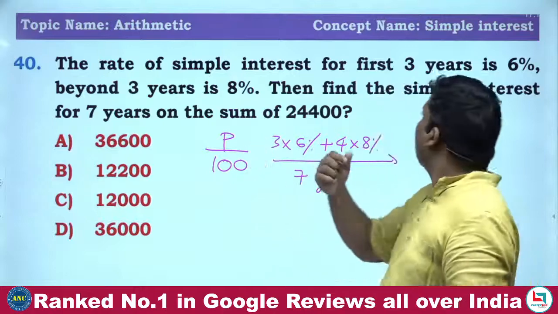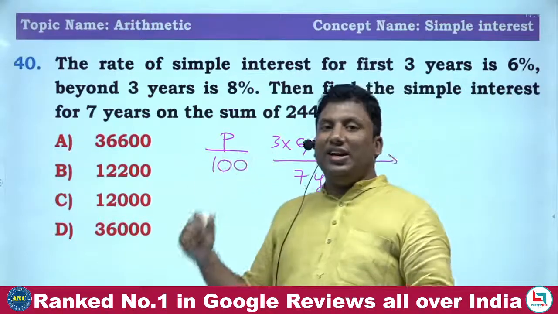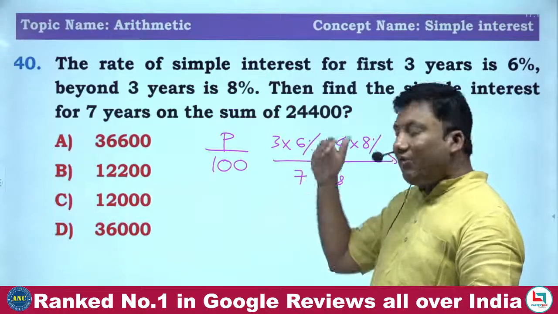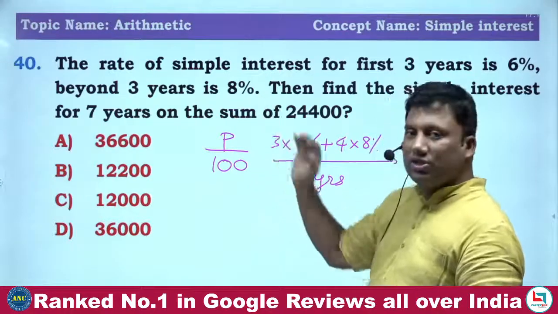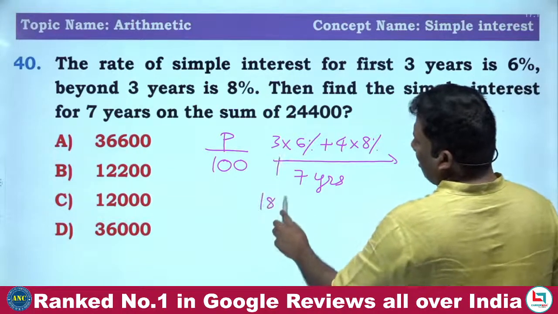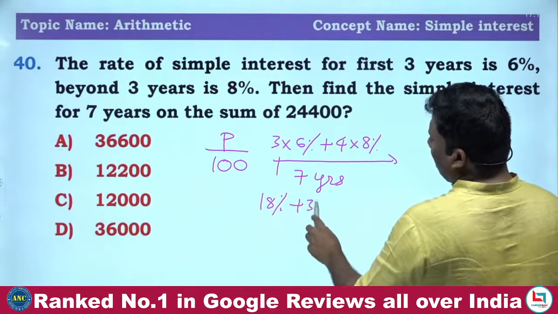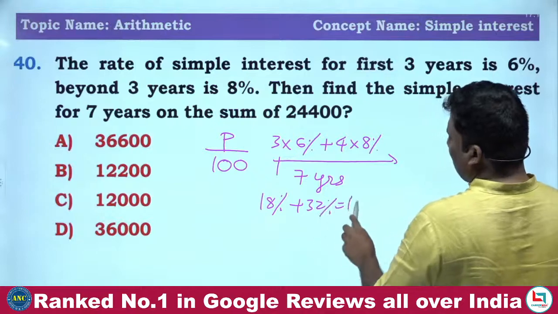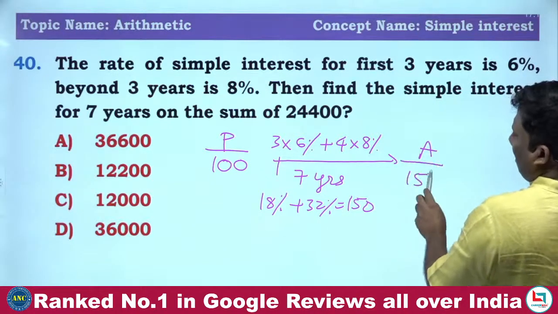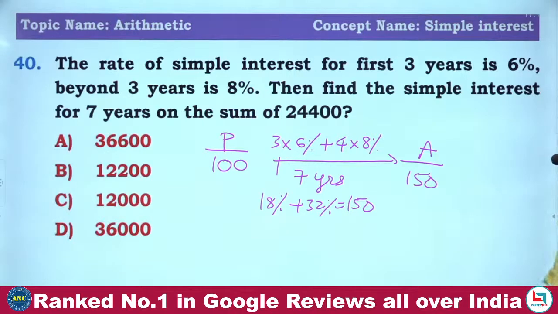First year 6%, second year 6%, third year 6%, 3 into 6. After 3 years onwards, every year the rate of interest is 8. So this is 18% plus 32%. It is 150. That means the amount after 7 years is 150.